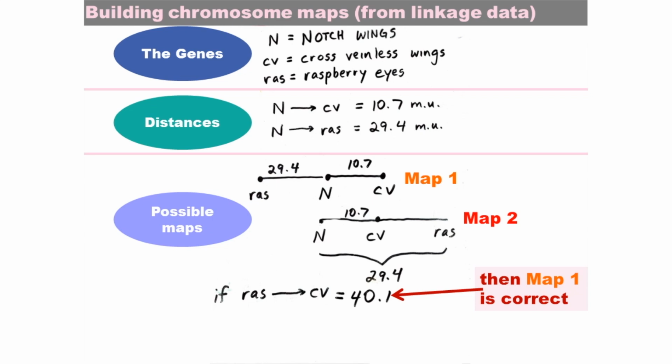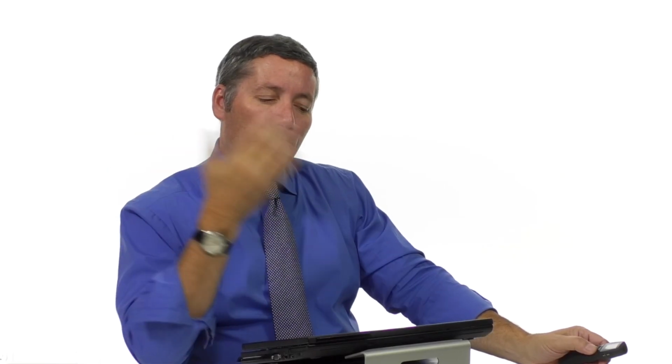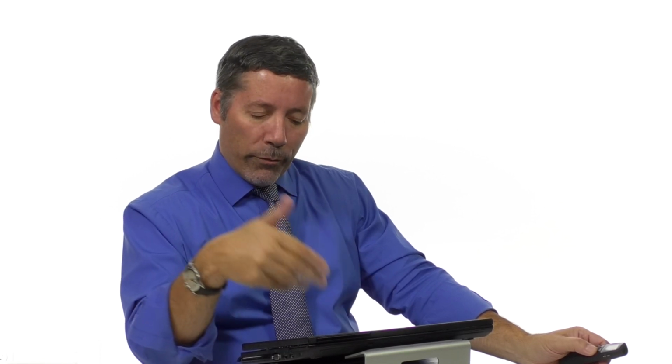On the other hand, if we calculate those map distances and we get just 18.7, then we know it was notch, cross-veinless, and then raspberry, so that there's a smaller distance here. And you could do this here for these 3 genes. We figure out which one it is.